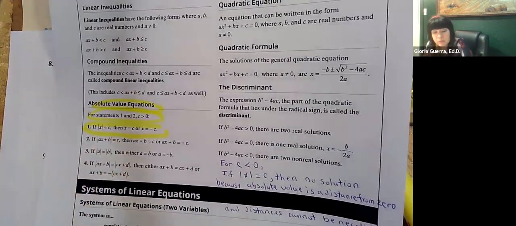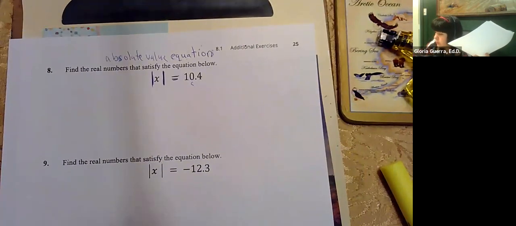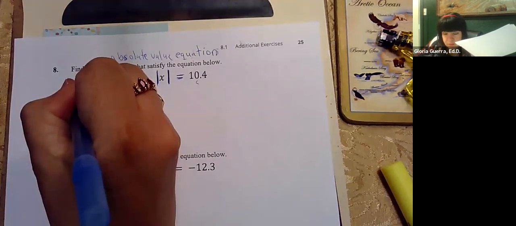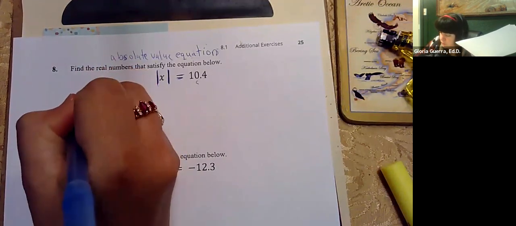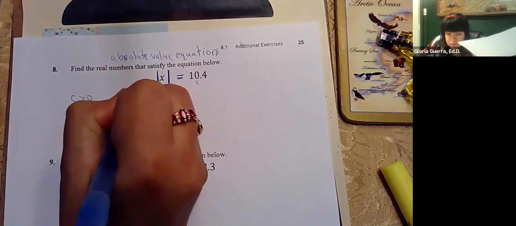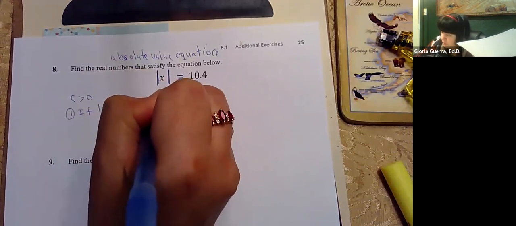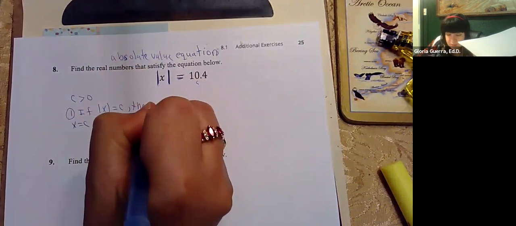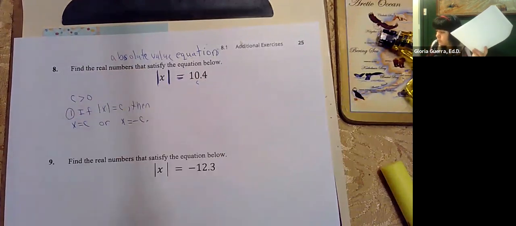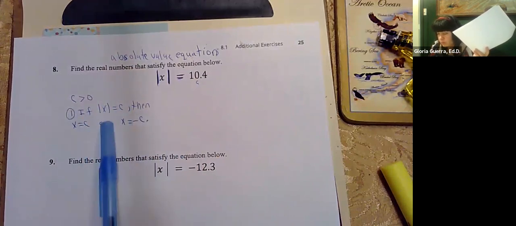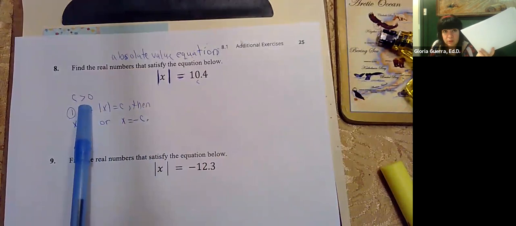Okay, and so I'm going to write that down on this paper here. It's going to say C is greater than 0. So if absolute value of x equals C, then x equals C or x equals negative C. So that's saying that for us, in order to fall in this formula, your C would have to be greater than 0.